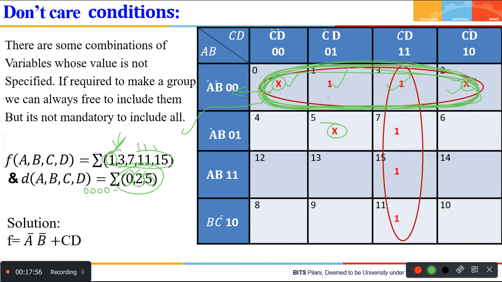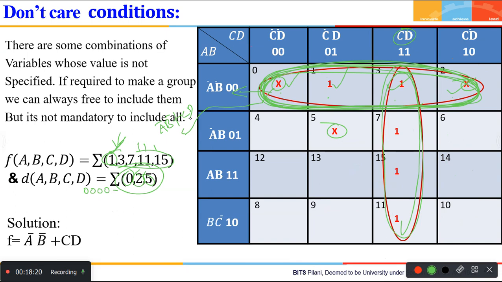All this will get cancelled. So, you get A bar, B bar plus, what is another combination possible? Another grouping possible is this one. What is the expression for this? CD. Now, can you check all ones are covered? All ones are grouped? Done.